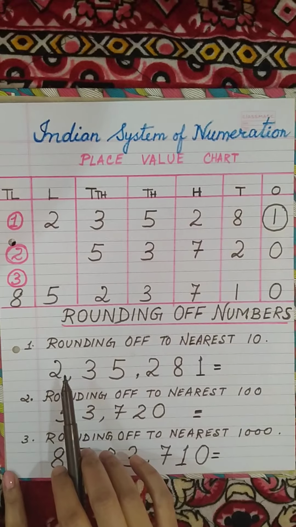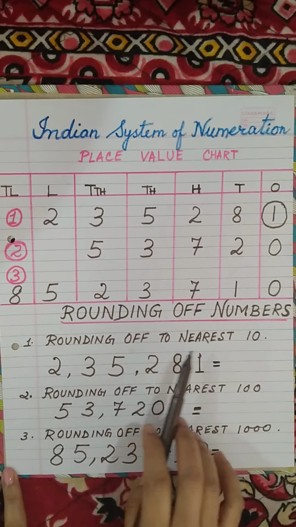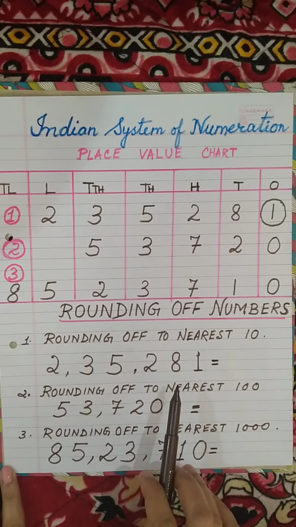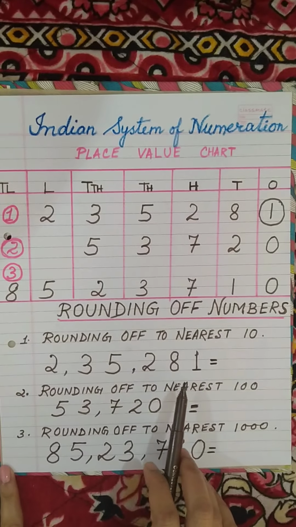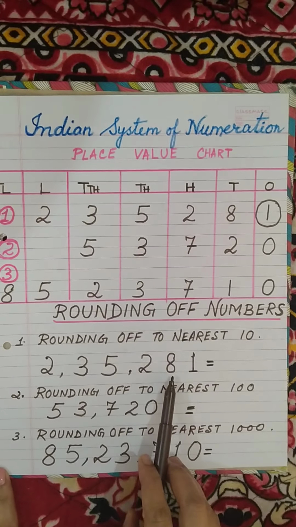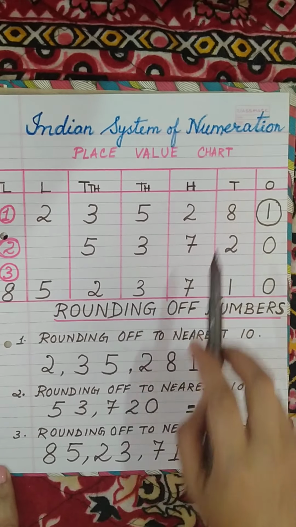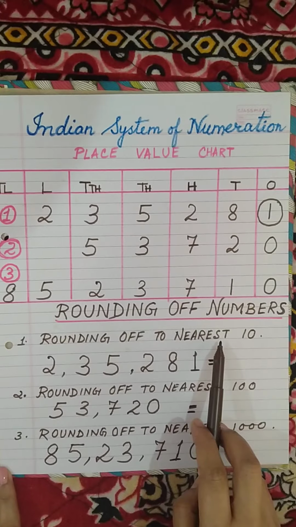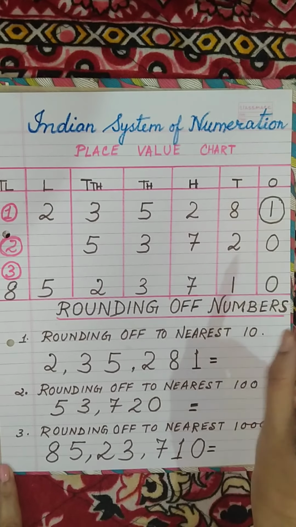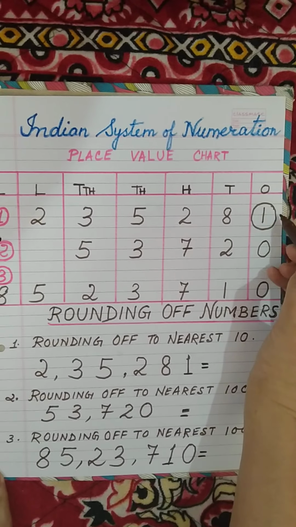The first one here is rounding off to nearest 10. Let us first find out which number do we have in the 10th place. We have 8 here in the 10th place. But we have to take a number nearest to 10th place. So nearest to 10th place is 1.